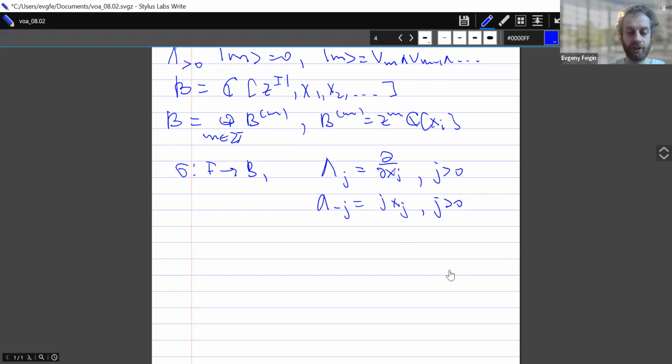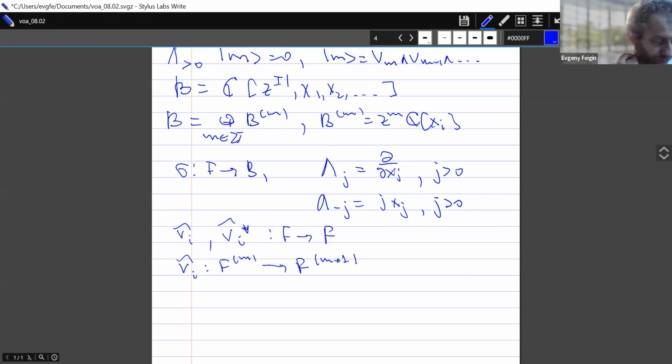And well, the most important part of the story is the following. So we had the vertex and contracting operators, psi hat and psi star hat, F to F. So in particular, psi hat acts from Fm to Fm plus 1, like this.